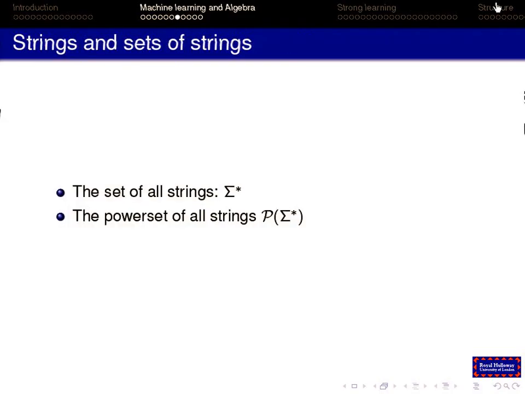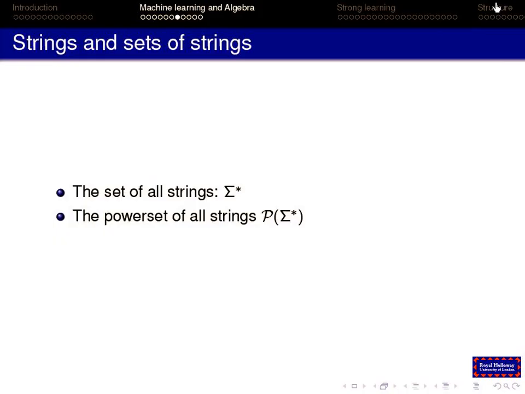So there are sort of two spaces we might be interested in. One is just the set of all strings, which we write sigma star. But I think it's important actually here to lift from that to sets of strings, so we're going to consider the power set of all strings. So our input space, if you like, is going to consist of sets of strings. So this is the set of all infinite or finite sets of strings.